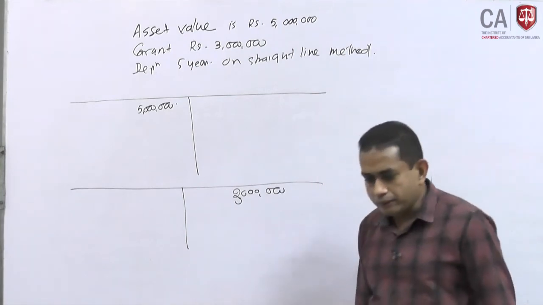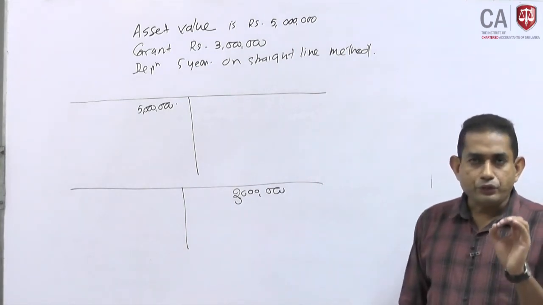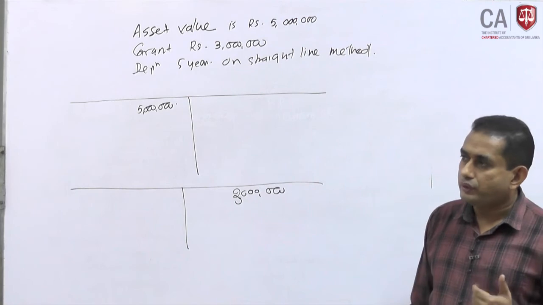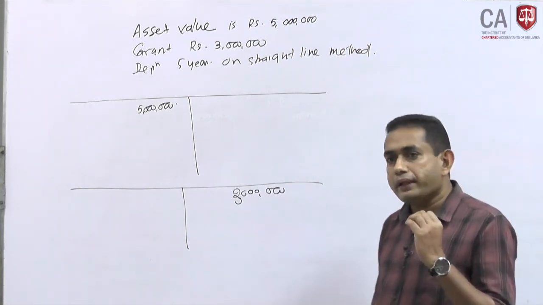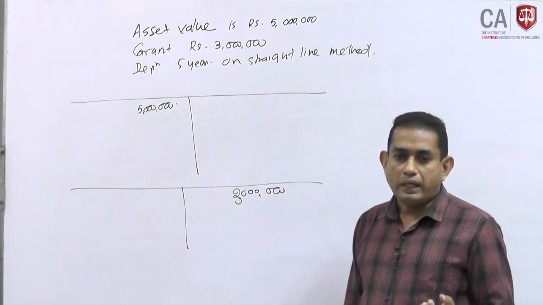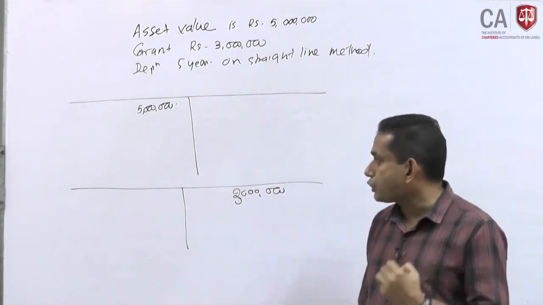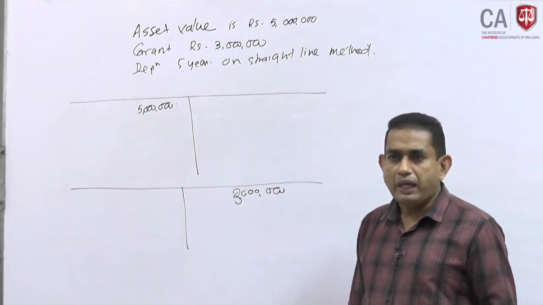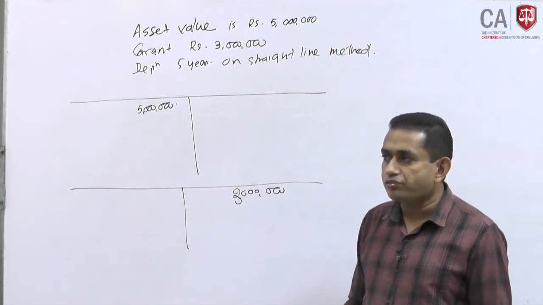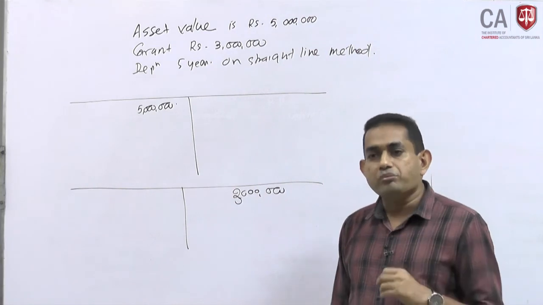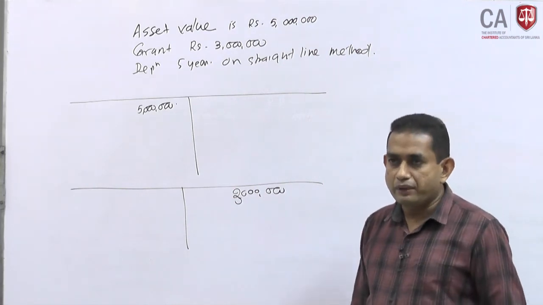But remember, as you depreciate the asset, now the asset value has to be the net of the grant. Asset value should not be the gross value of 5 million rupees. Actual asset value is considered to be the value which is net of the grant. So, the value to be depreciated should not be 5 million rupees.